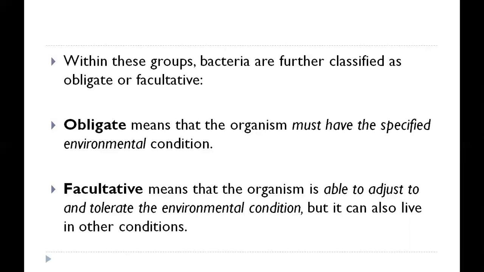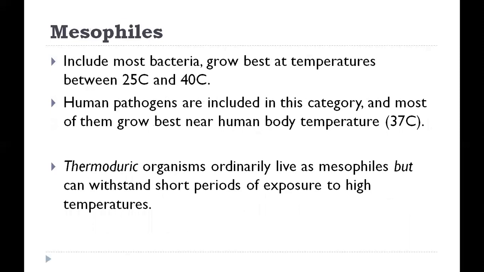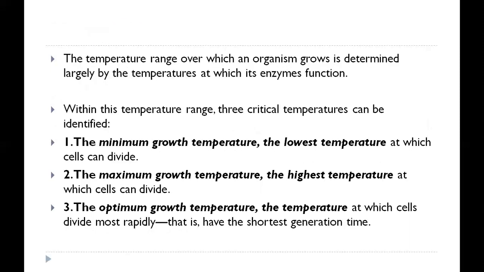So that was all about temperature. Let's move ahead. Okay, last part for the temperature point. Just now we discussed the temperature ranges in which bacteria can survive or grow best.